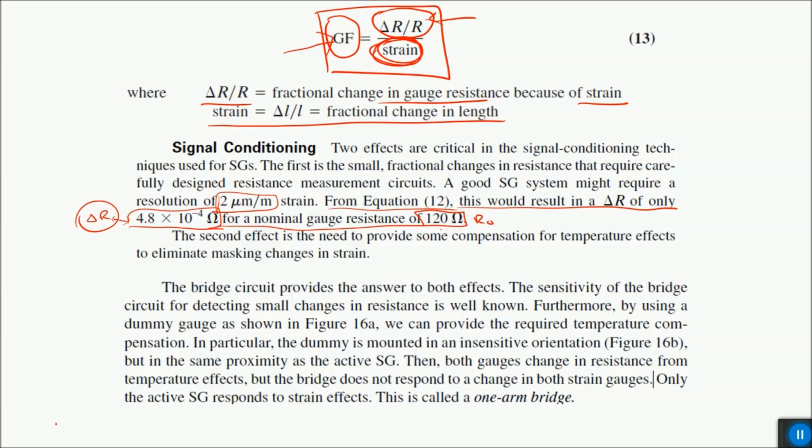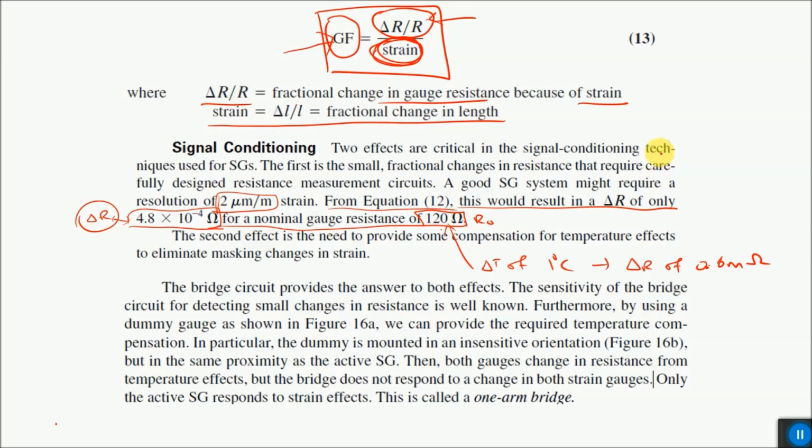We can see that for the same 120 ohm strain gauge, a delta T of 1 degree Celsius will result in a delta R of approximately 0.6 milliohms. So the change in resistance because of the change in temperature of just 1 degree is even greater than the change in resistance that was actually due to the effect of strain. So that poses a huge problem.